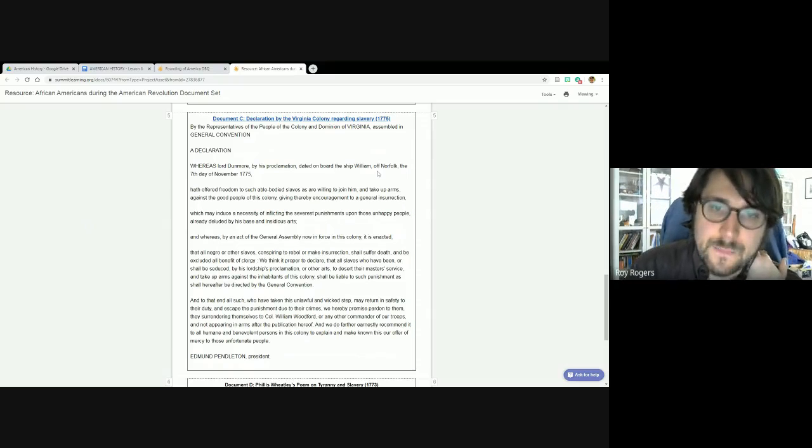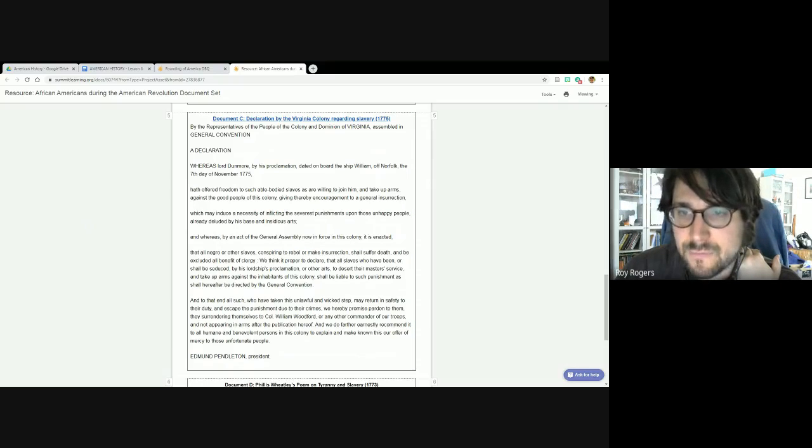And whereas by an act of the General Assembly now enforced in this colony is enacted, that no Negro or other slaves conspiring to rebel or make insurrection shall suffer death and be excluded for the benefit of clergy. We think it is proper to declare that all slaves who have been or shall be seduced by his lordship's proclamation or other arts to desert their master's service and take up arms against the inhabitants of this colony shall be liable to such punishments as heretofore directed by the General Convention.